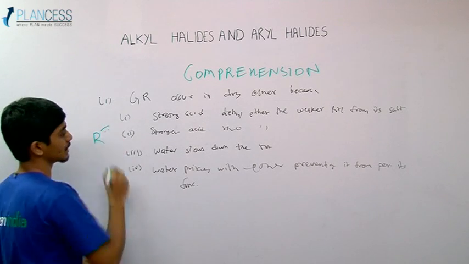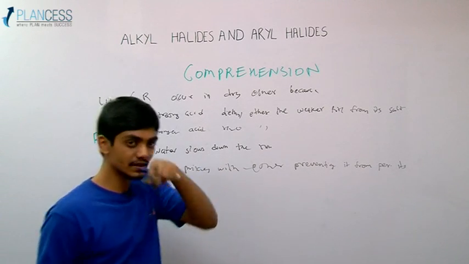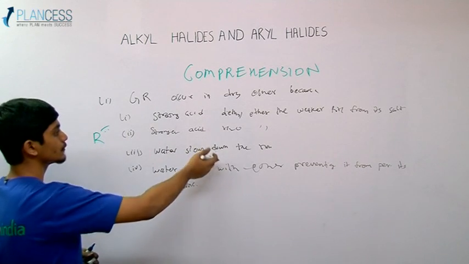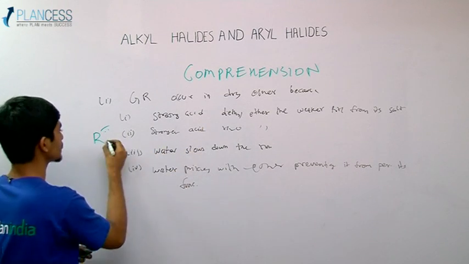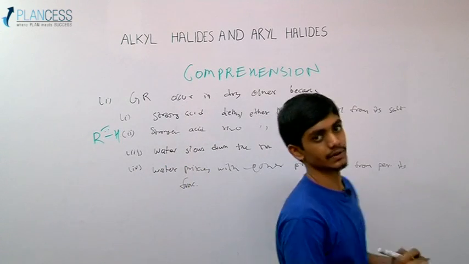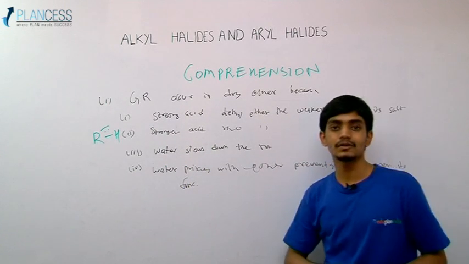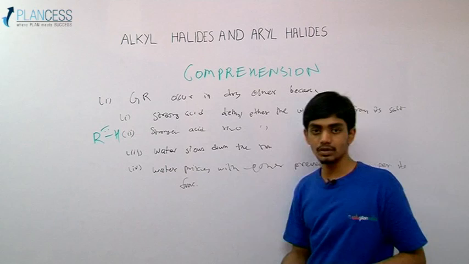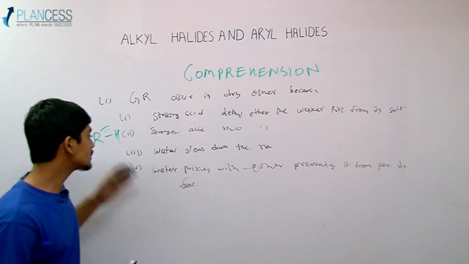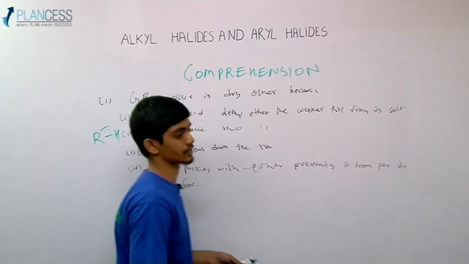The salt of RH is nothing but R minus, and hence it is right that the H2O will displace the H and will come something like this and destroy the reagent. But diethyl ether does not have the acidic proton to do so, and these two options are totally nonsense.